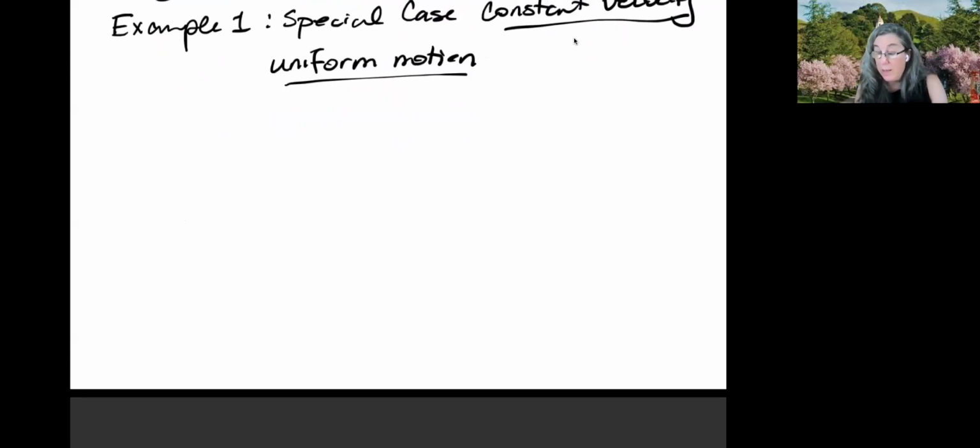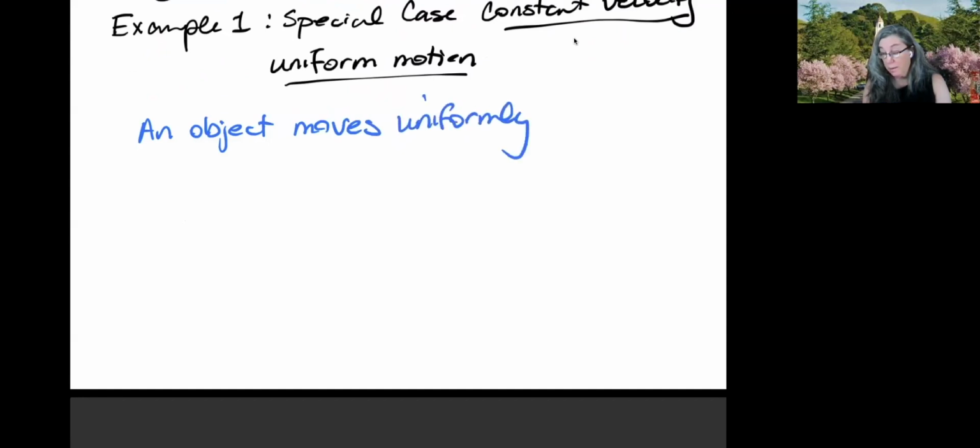And we would have seen some examples in the last in-class worksheet when we all ended together on Wednesday. So let's say that for example 1, some object moves uniformly in such a way that it moves 2 meters every second.